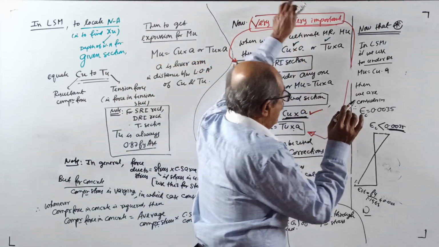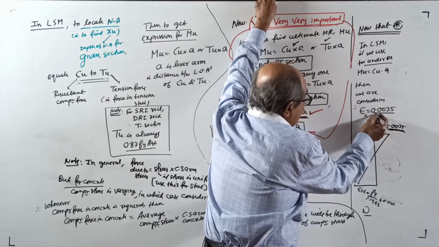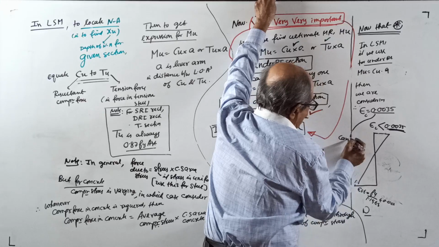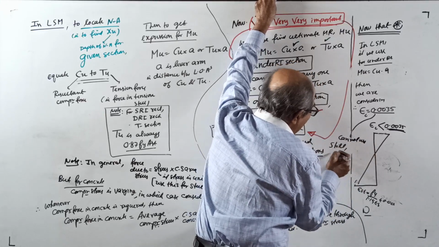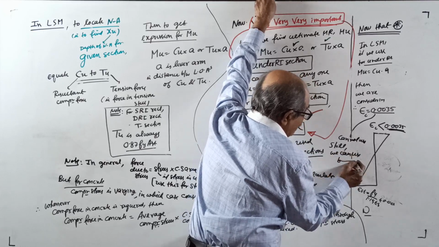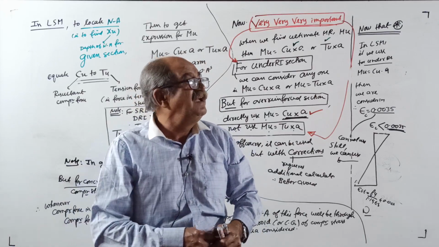So here also, actually, you cannot use it, still we can use. This is the beauty of limit state method. A full contradictory statement.